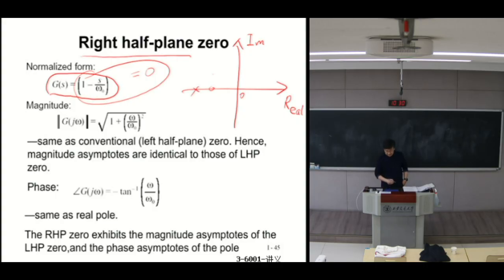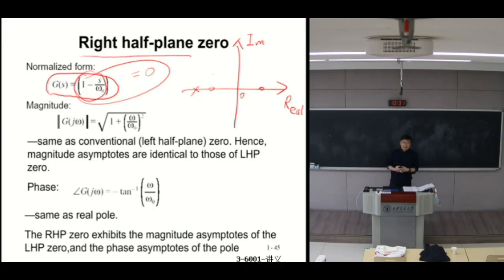We usually use a small circle to represent a zero and a small cross to represent a pole. This is their location on the left half plane. But a right half plane zero means it is located on the right half plane of the complex plane, because this transfer function is 1 minus. If you solve that equation, that gives you a right half plane root.